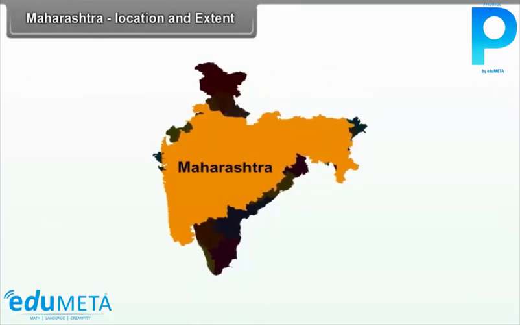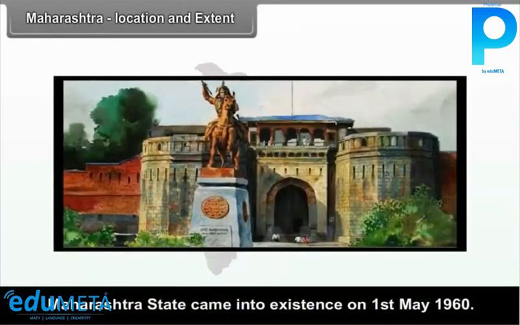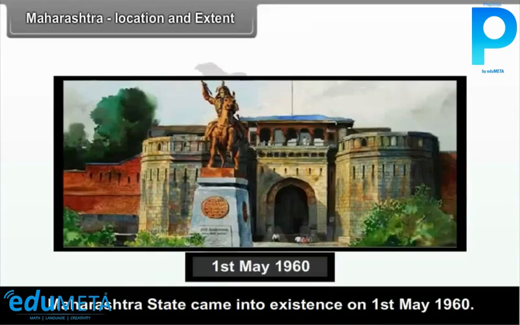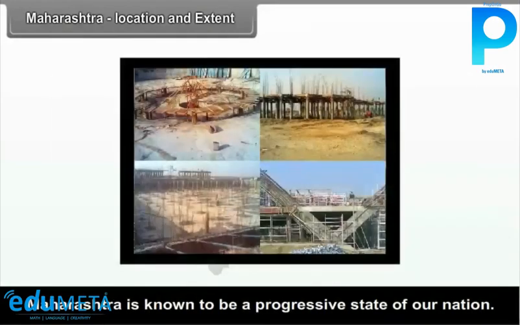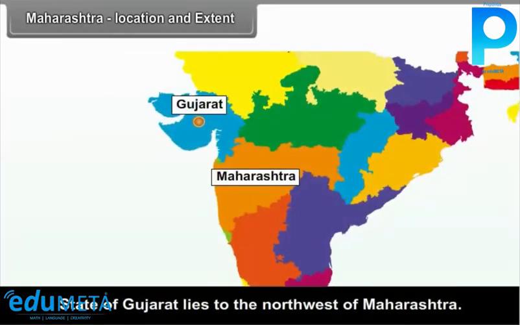Maharashtra, location and extent. Maharashtra state came into existence on 1st May 1960. Maharashtra is known to be a progressive state of our nation. The state of Gujarat lies to the northwest of Maharashtra.